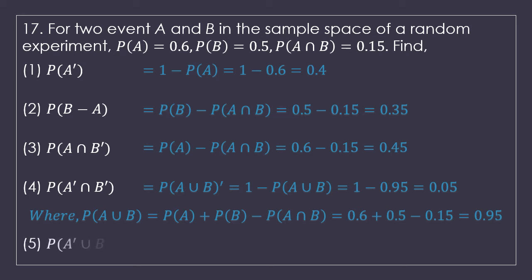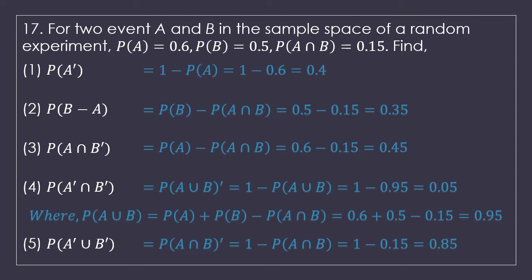The fifth sub question is A dash union B dash, my mistake. So it becomes (A intersection B) whole dash, that is 1 minus P(A intersection B), that is 1 minus 0.15, which is 0.85. So whenever dash is there, we just have to reverse the values or deduct them from 1.